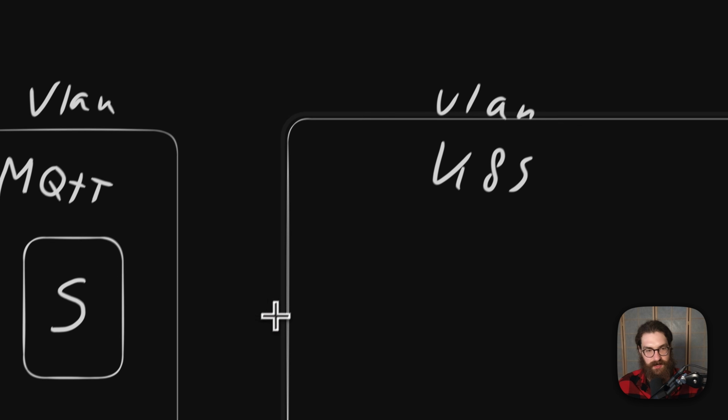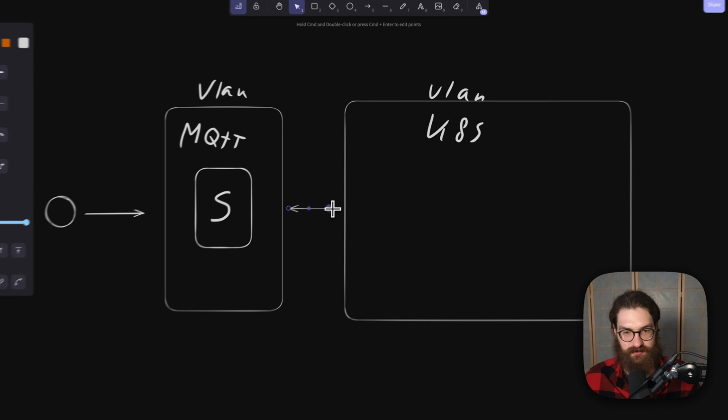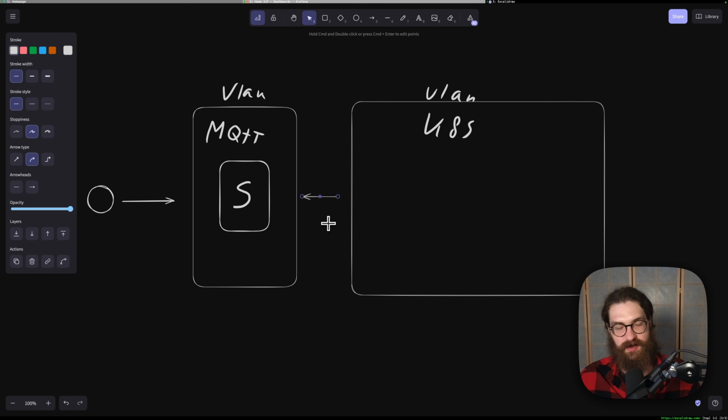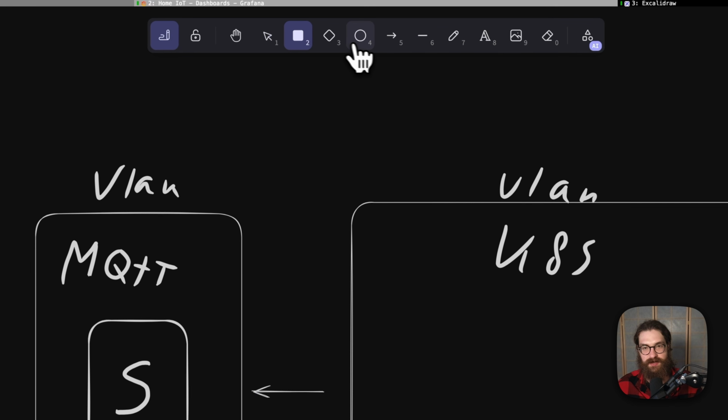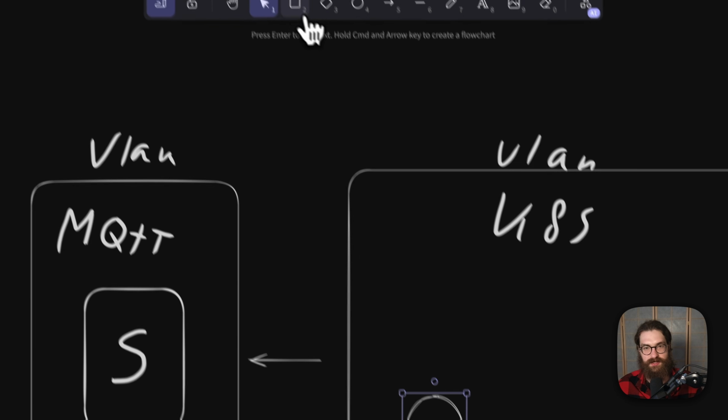So I need a way for something in my Kubernetes cluster to read this MQTT data, this queue on the container, and to put that data into a Postgres database running in my Kubernetes cluster.